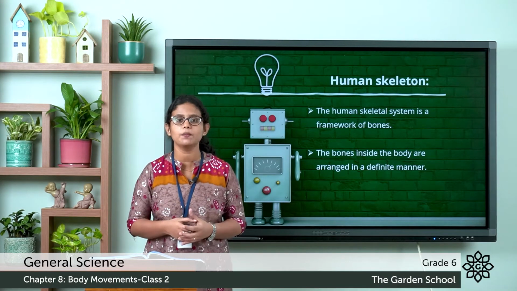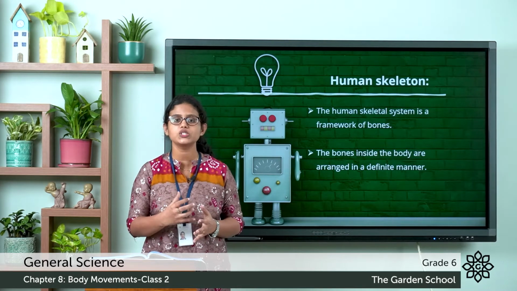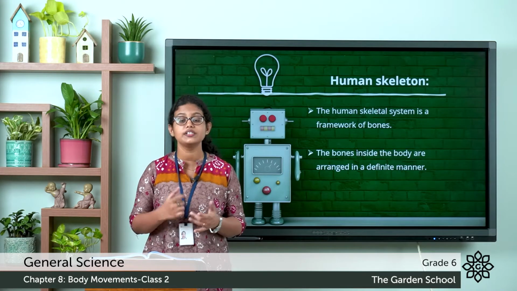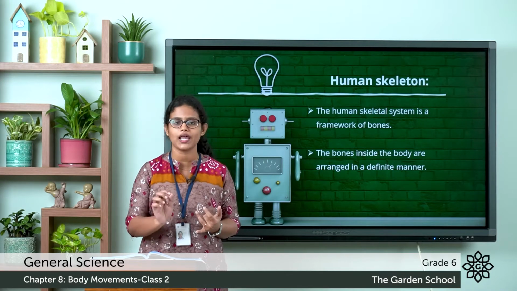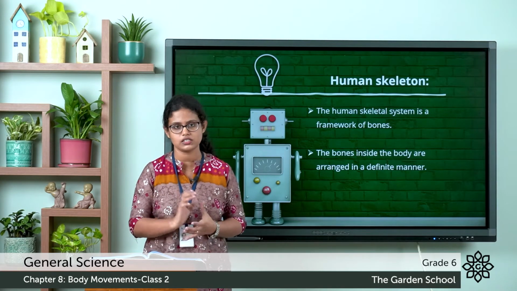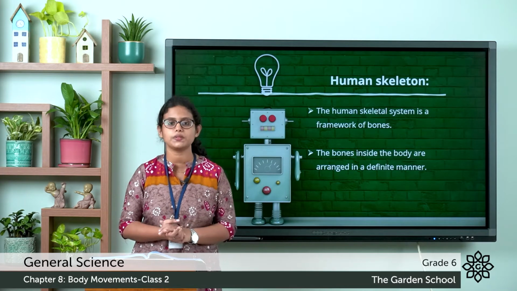And what about the inner portion? The inner portion of the bones are filled with bone marrow. And the bone marrow produces WBC, that is the white blood cells, and RBC, that is the red blood cells.